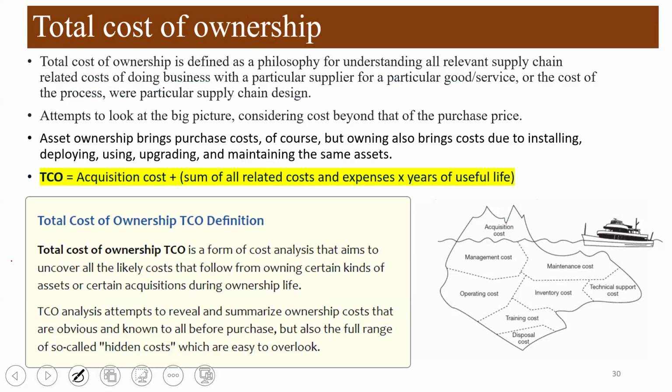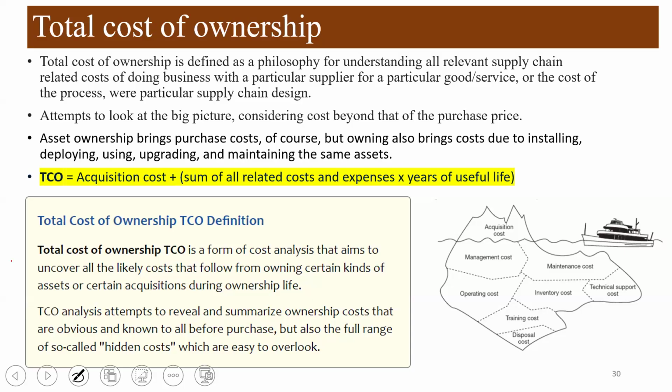Then we went through the cost of ownership. Total cost of ownership equals acquisition cost plus the sum of all related costs and expenses over the years of useful life. This is similar to life cycle cost, but not the same. It is a different concept.